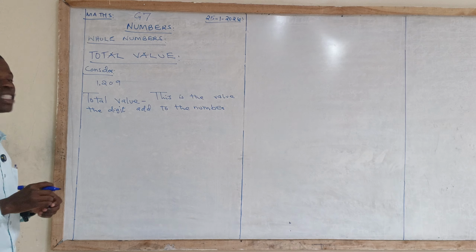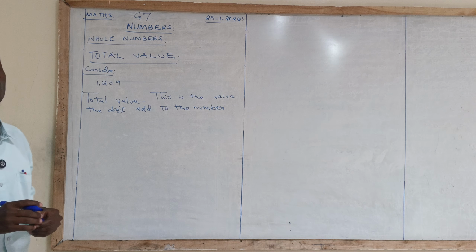This is the value the digit adds to the number. It is referred to as the total value.